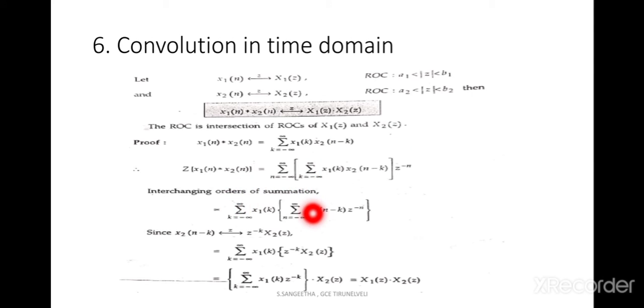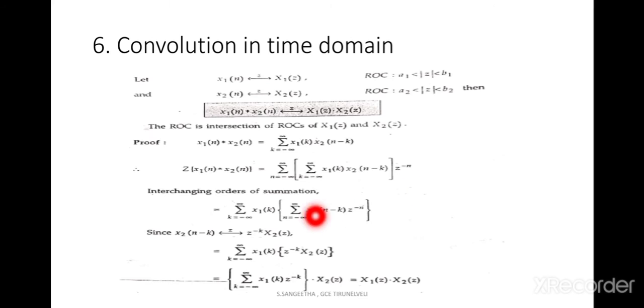Interchanging the order of summation, we have the summation over k of x1(k) times the summation over n of x2(n-k) z^-n. Since x2(n-k) has the z-transform z^-k X2(z), we write this equation as the summation over k of x1(k) z^-k X2(z).